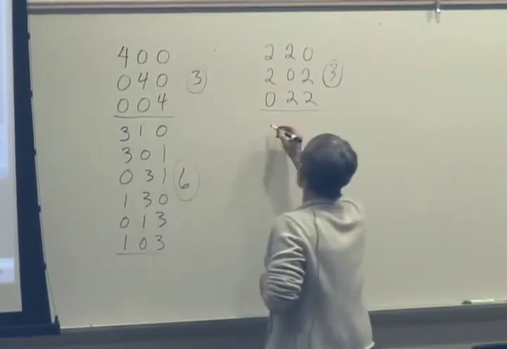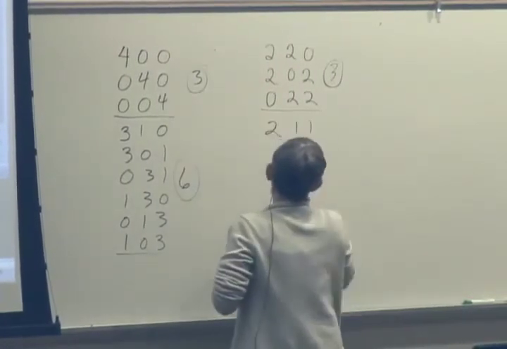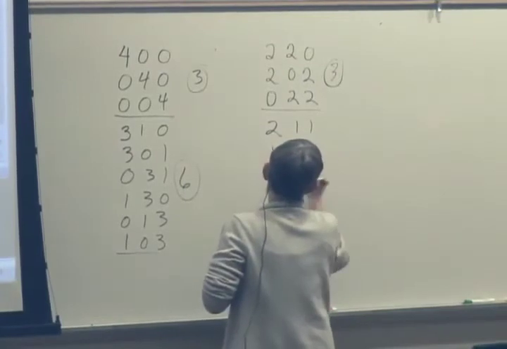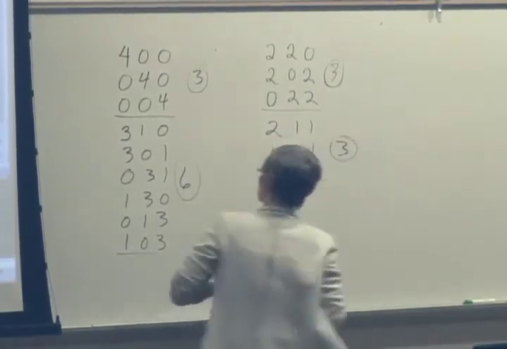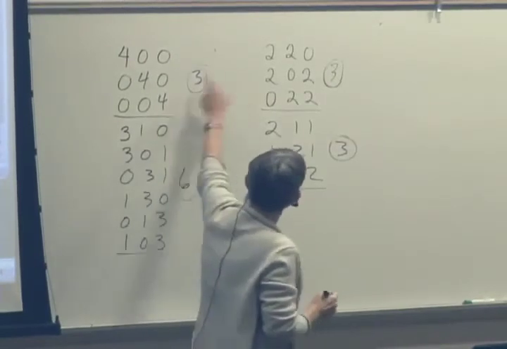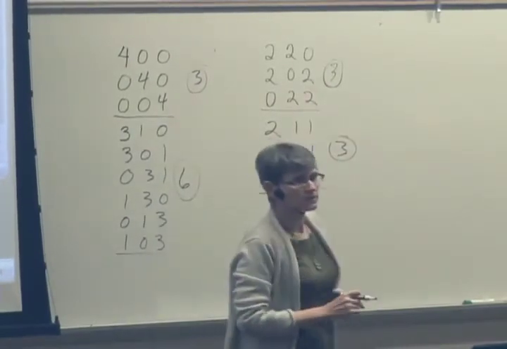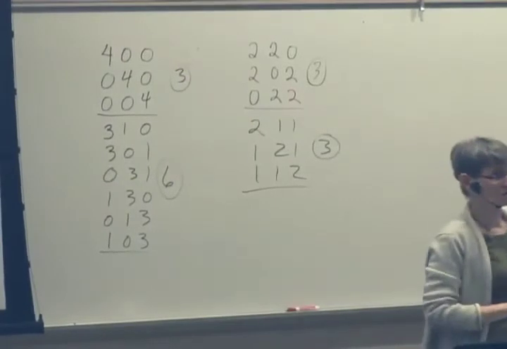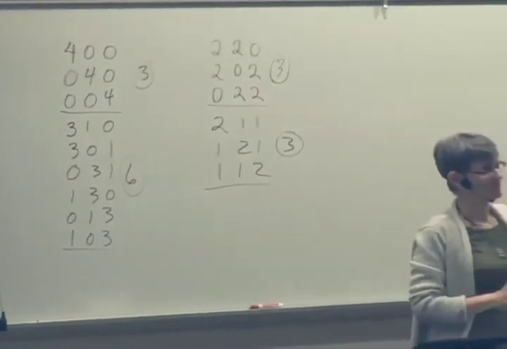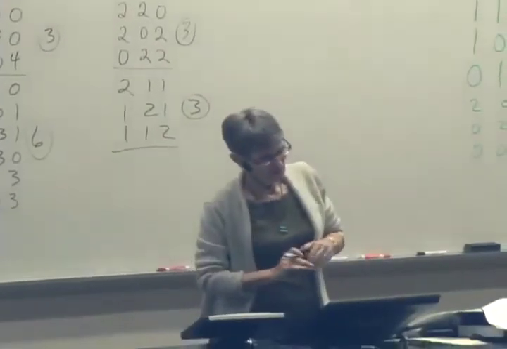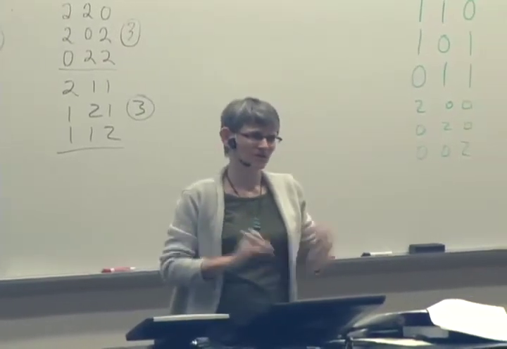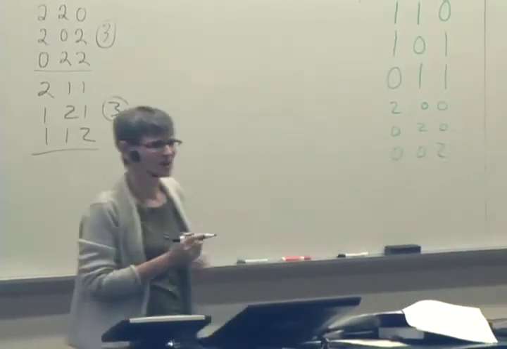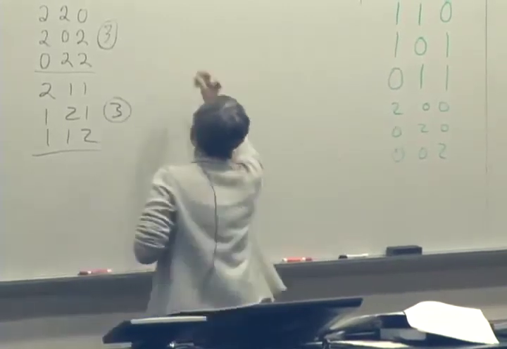Okay, so we have 2, 1, 1, 1, 2, 1, and 1, 1, 2. There seem to be 3 of those. So we have 6 and 9, looks like 15 ways. So it's not as simple as number of oscillators times number of quanta, is it? Because 15 doesn't look like some easy combination of 4 and 3.